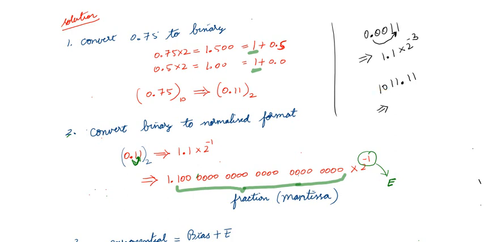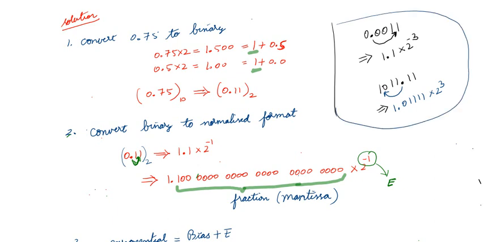I have to shift it 3 digits to the left. So this is converted to 1.01111. How many digits am I moving to the left? 3 digits, so it is 2 to the power 3. Got it? If you can understand this, then we can move to the next step.